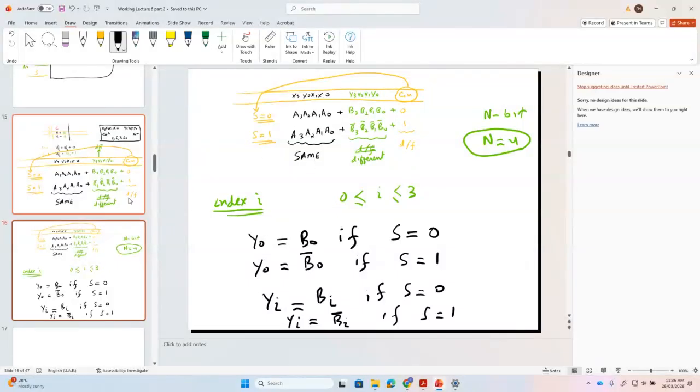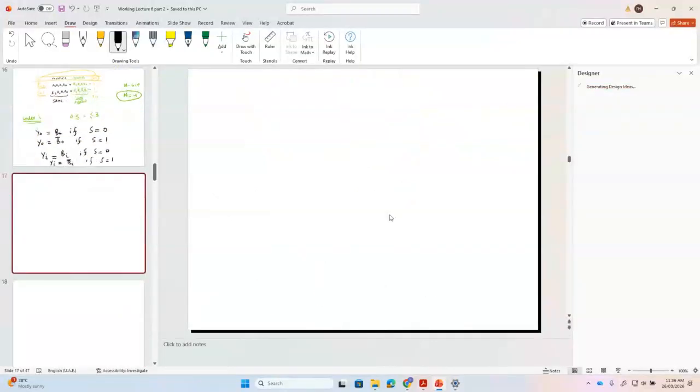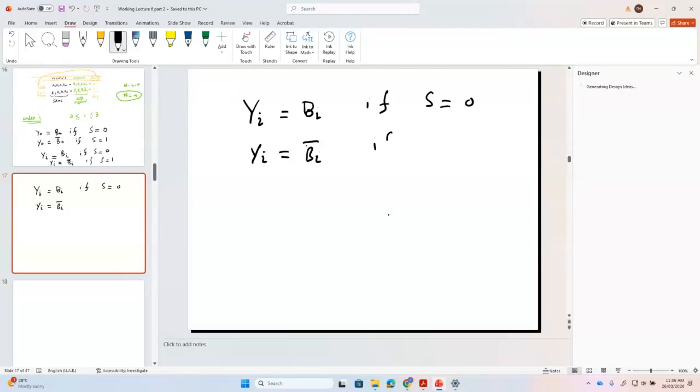So now we can say yi will be 0 if s is equal to 0, and yi will be equal to bi bar if s is equal to 1.